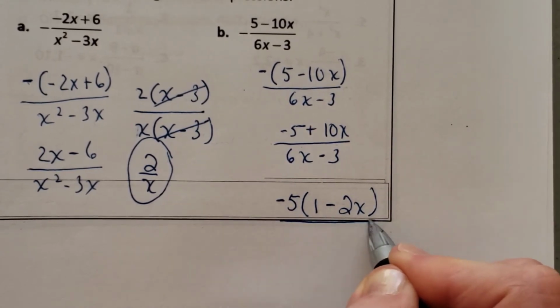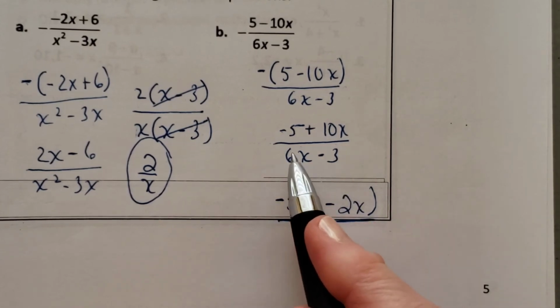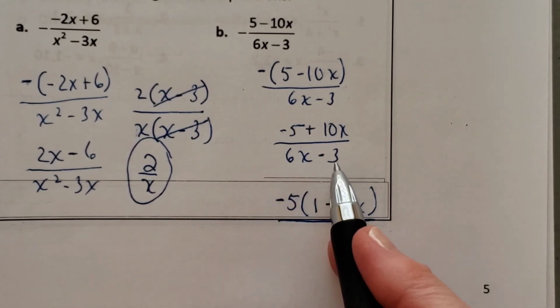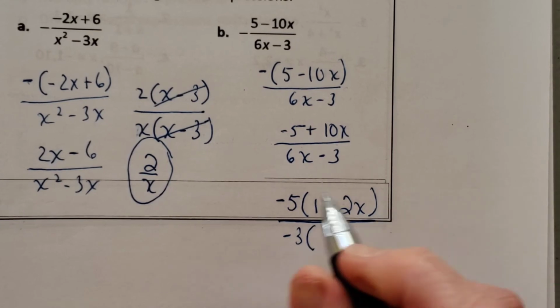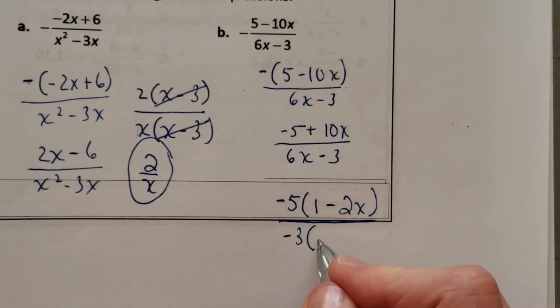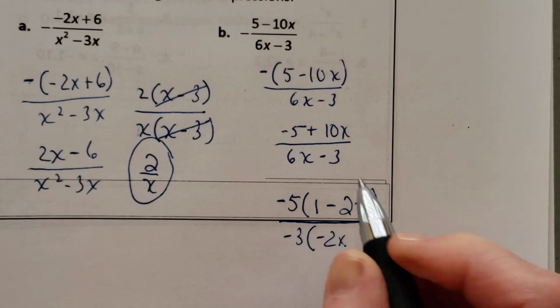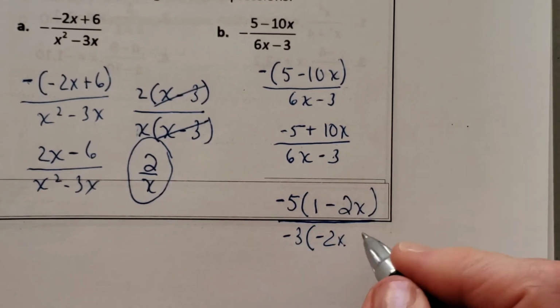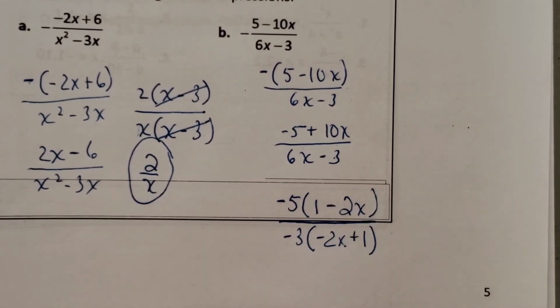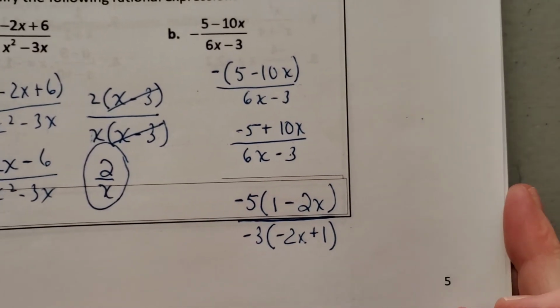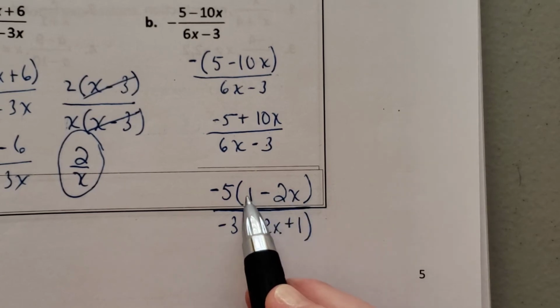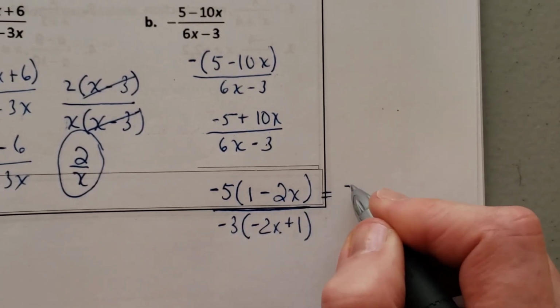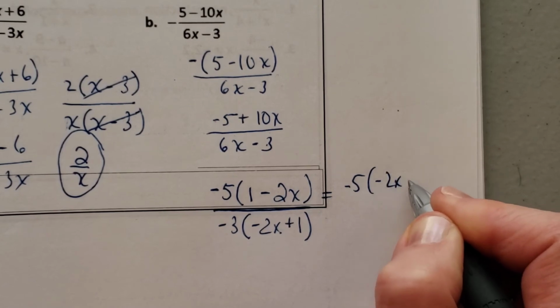All right, and the denominator, what can I divide out of both of these? 6x and negative 3. I'm going to go ahead and pull out a negative 3. So 6x divided by negative 3 is negative 2x. And negative 3 divided by negative 3 is positive 1. Now look what's happened here. Can't I rewrite this as negative 2x plus 1?